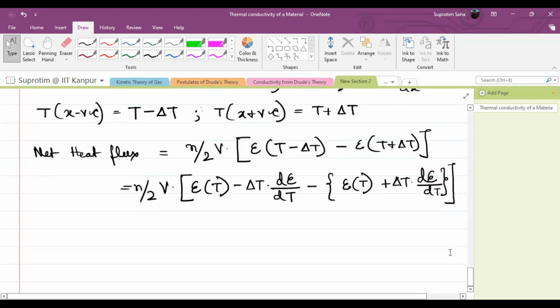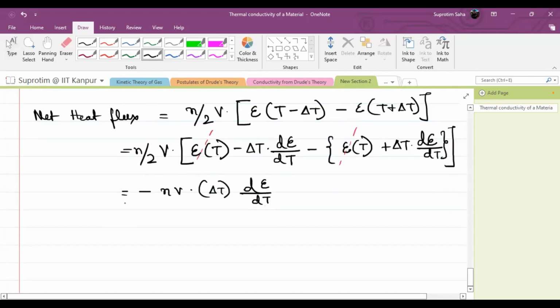You can easily see that the first terms, containing epsilon of T and epsilon of T on the other side, will cancel between themselves. So these terms will cancel out, leaving us with minus n v times delta T times d epsilon/dT.